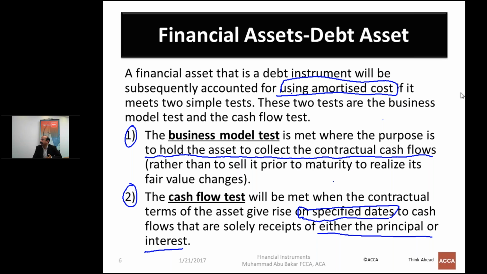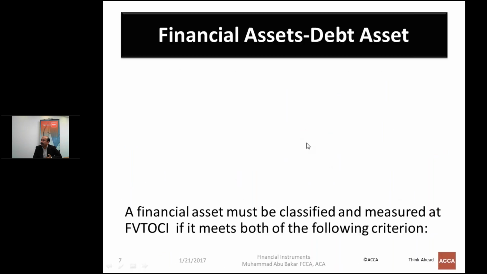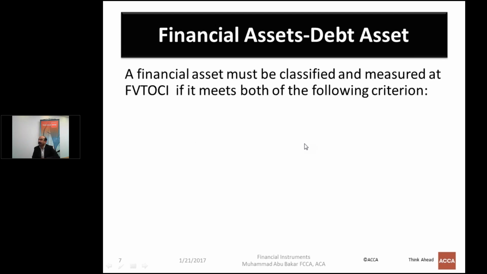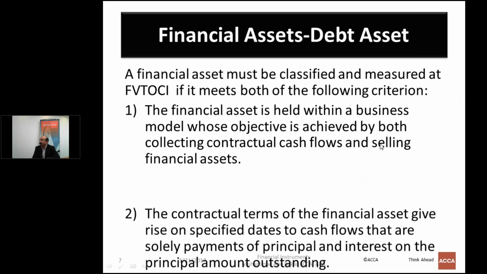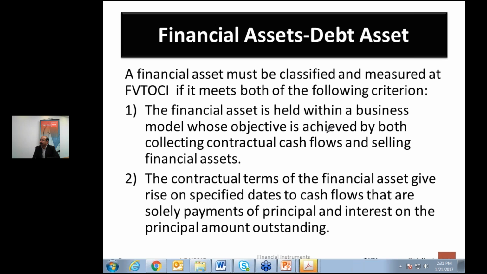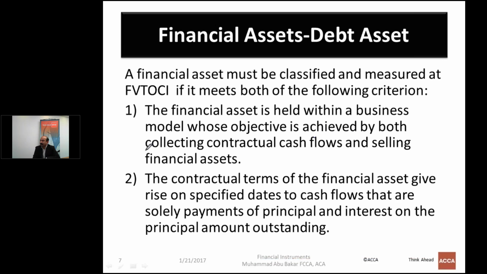Next is a financial asset must be classified and measured at fair value through other comprehensive income if it meets both of the following criteria. The financial asset is held within a business model whose objective is achieved by both collecting the contractual cash flows and selling the financial asset.